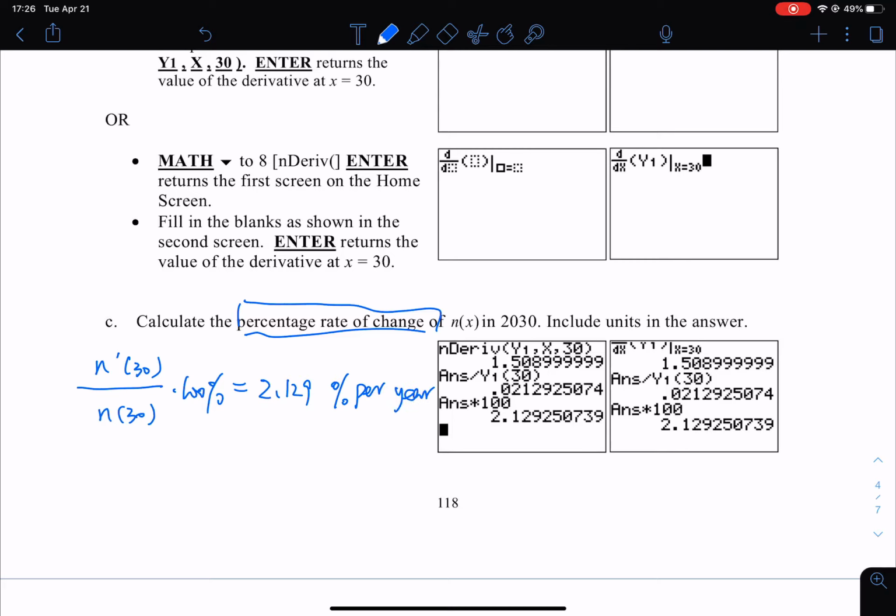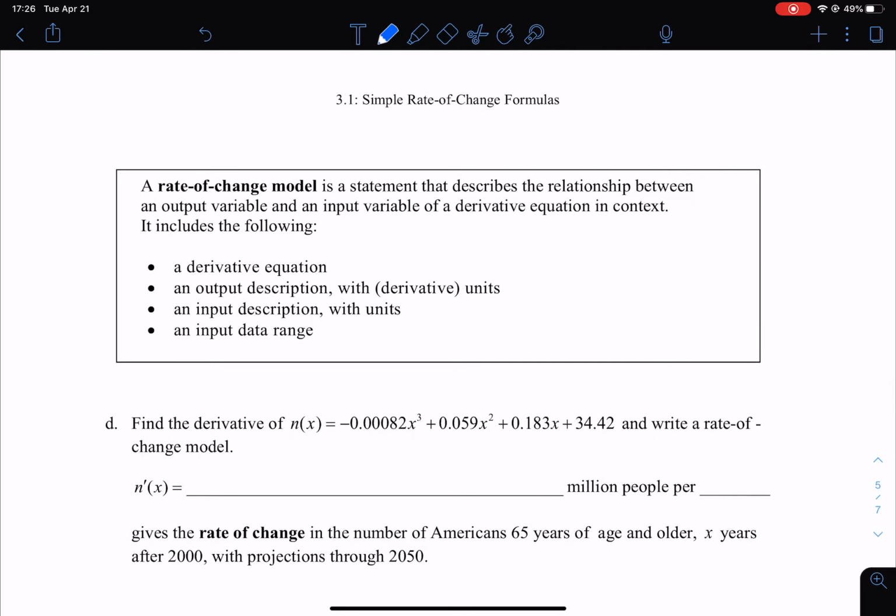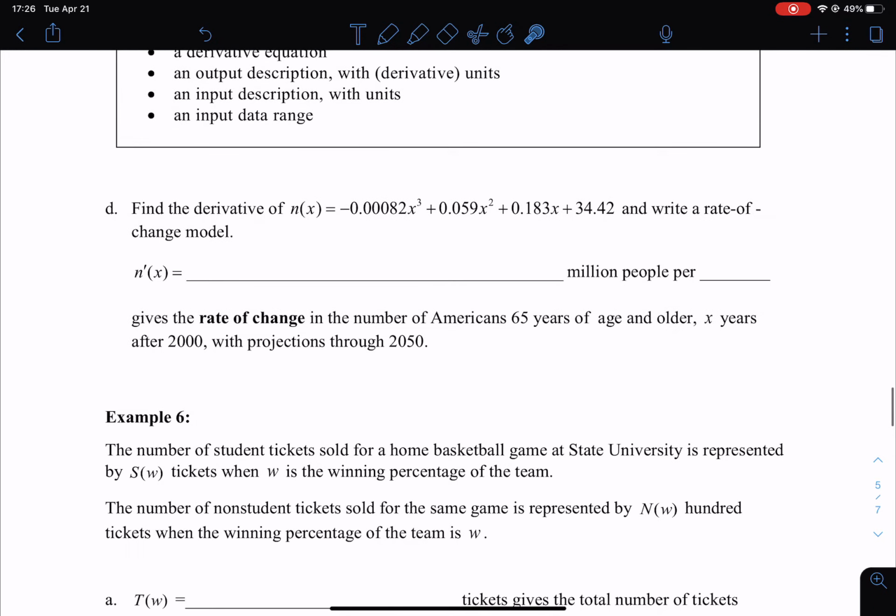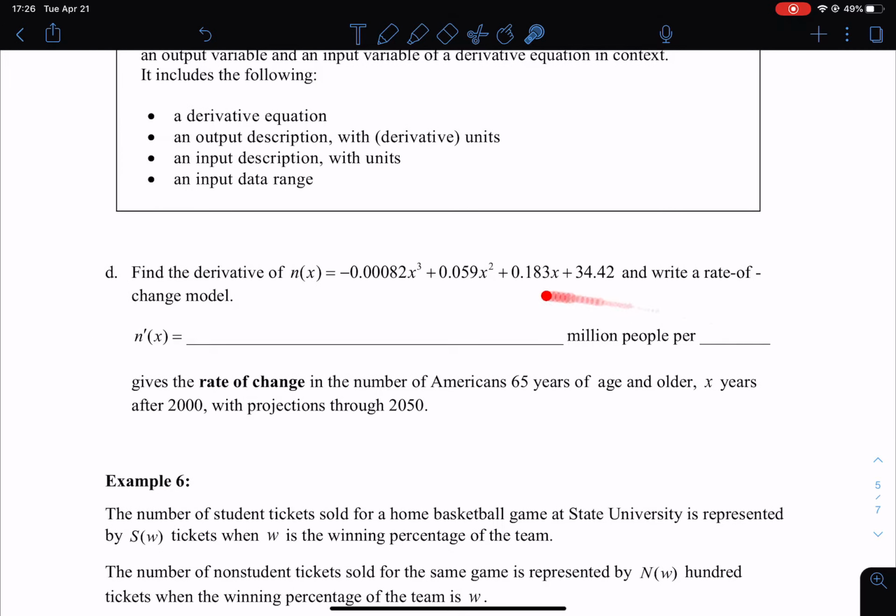And then the next one, rate of change model. For a rate of change model, you have to include the 4 parts. The first one, derivative equation, then output description with derivative units, and input description with units, and then the last part is an input data range. So this is a rate of change model.